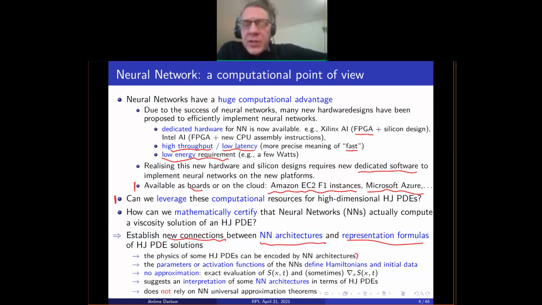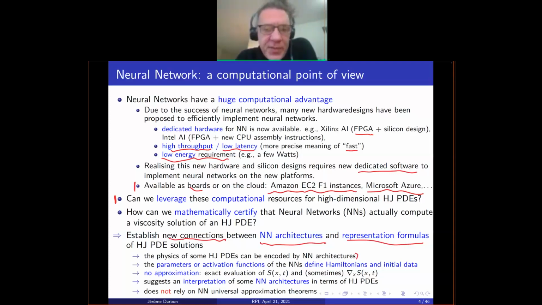And when the function is differentiable, it also gives you for free the gradient with respect to space of the solution. These results allow you to interpret some of the neural network architectures in terms of solutions of Hamilton-Jacobi PDEs. So we can leverage the knowledge that we have on those PDEs and transfer it into the architecture of certain neural networks.